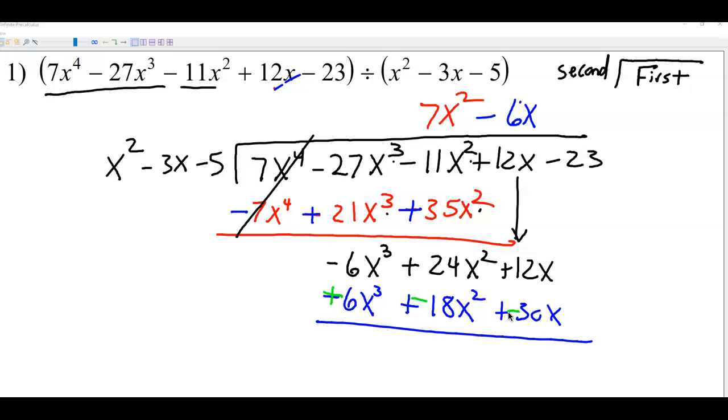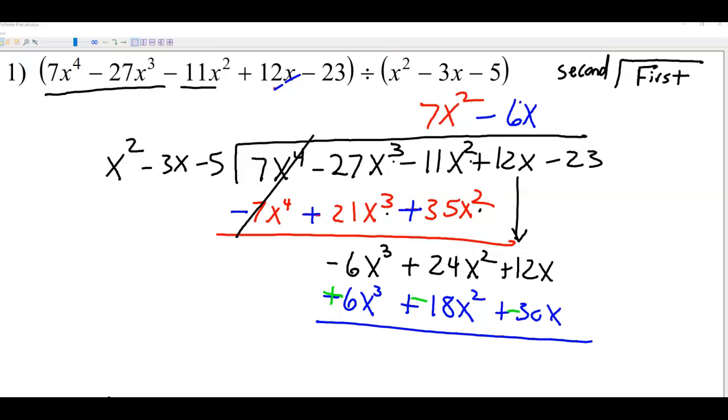All right. Now, let's go down and do our actual subtraction here. So, Vidal, what happens here? Negative 6x cubed plus 6x cubed. Okay. So what's negative 6 plus 6?